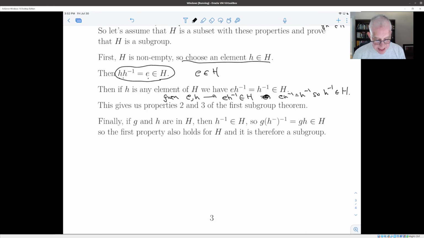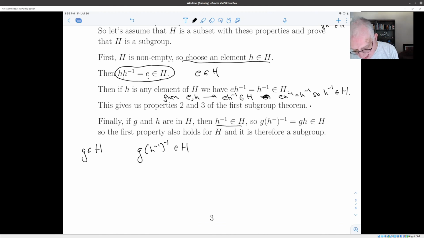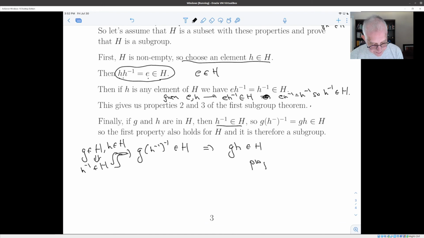So if g and h are in H, then by the previous result here, we know that h inverse is in H. Because if g is in H and h inverse is in H, then using the property, that tells us that g times h inverse is in H. Let me put here, h is in H. That tells us that h inverse is in H. And then that tells us that g h inverse is in H. And that tells us that g h is in H. And that's property 1 of the first subgroup theorem.